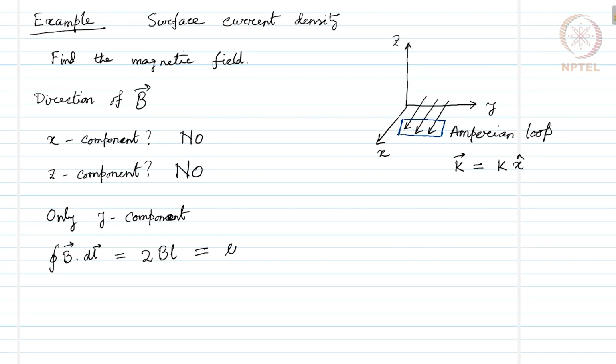Now, that will be equal to mu naught times the current enclosed. And what is the current enclosed?